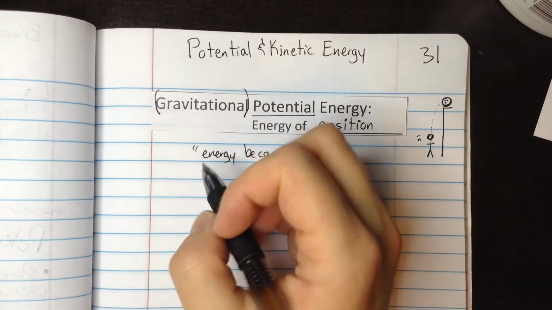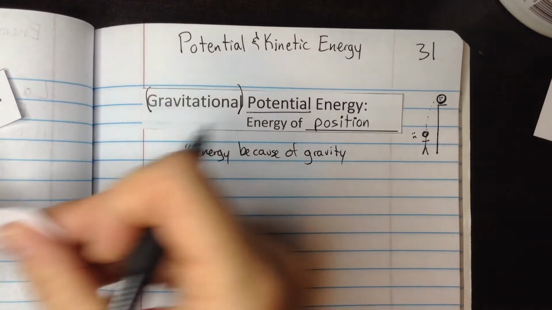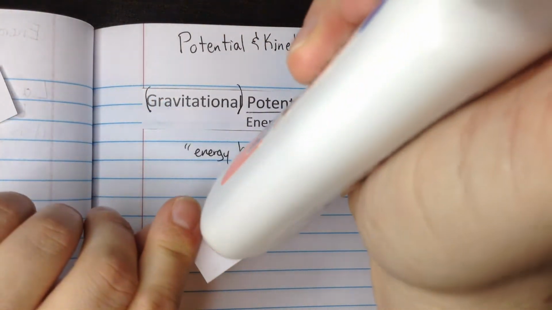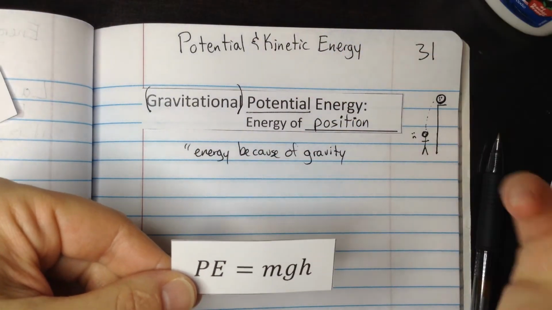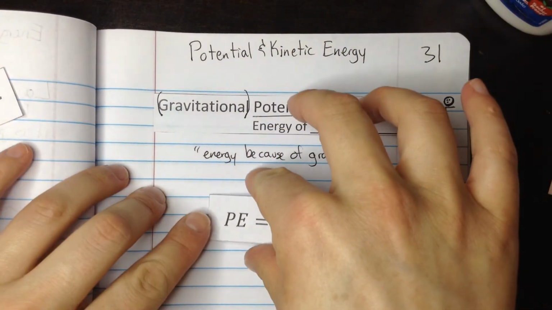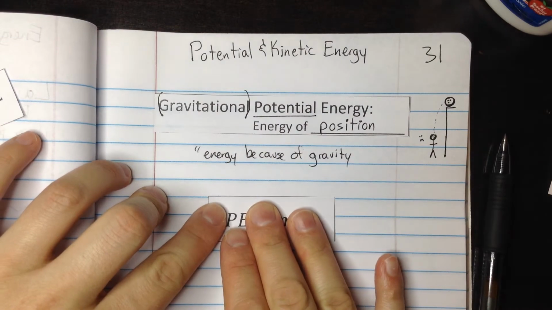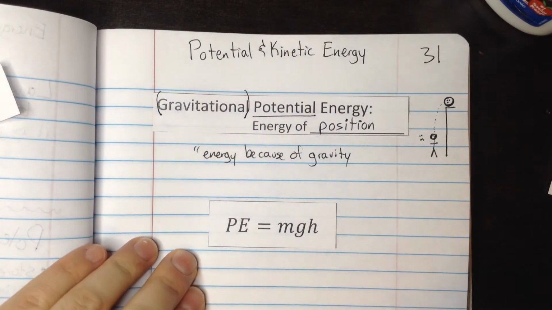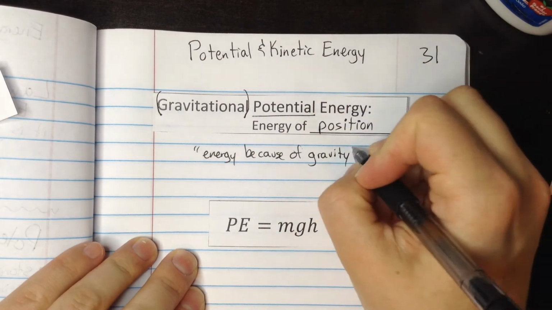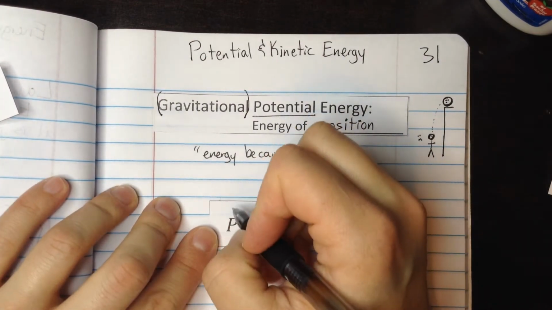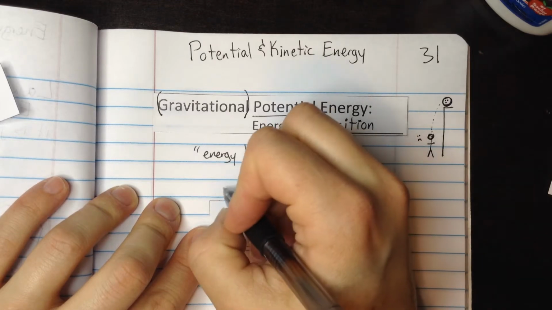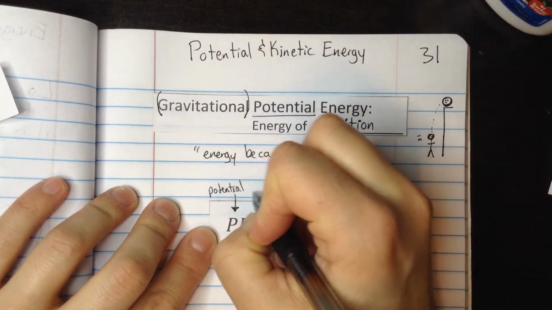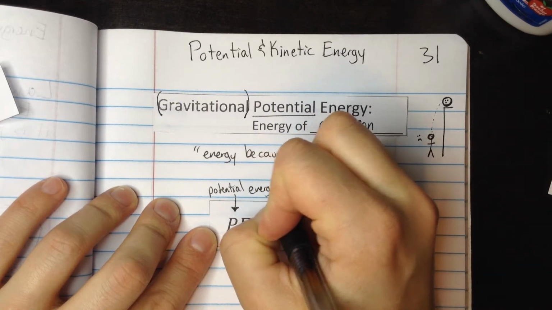Now, the formula for this is right here. PE equals mgh. So go ahead and make sure you space above and below the formula to fill in a few little notes. Okay. So potential energy. That's what the PE stands for. Potential energy.